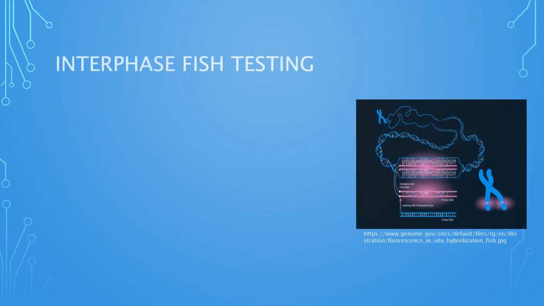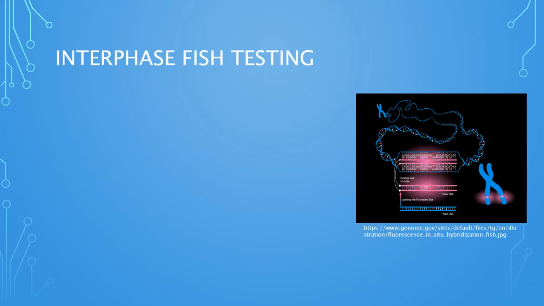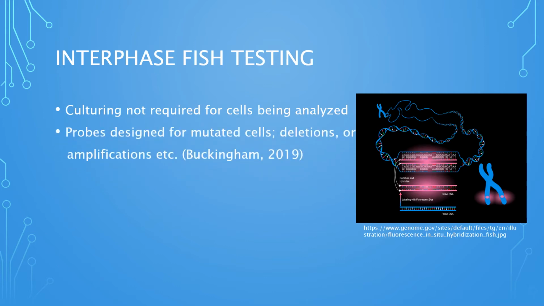There are two major types of FISH testing. The first is called interphase FISH testing, in which the cell is analyzed in the interphase. This method does not require any culturing of the cells. The probes are designed in order to detect any mutations in the cells, which include deletions or amplifications.